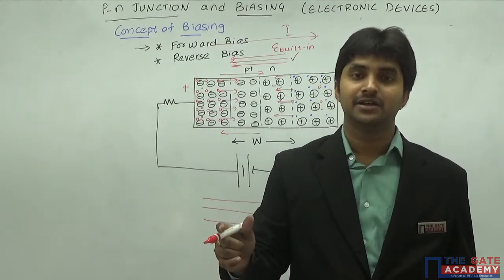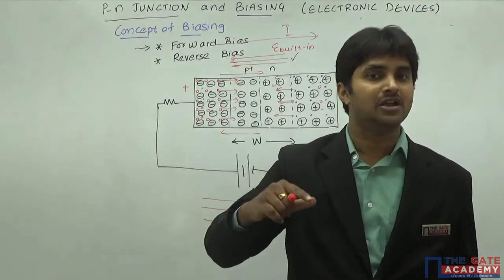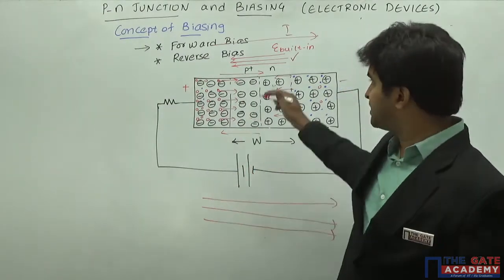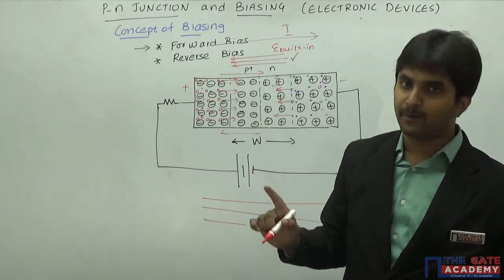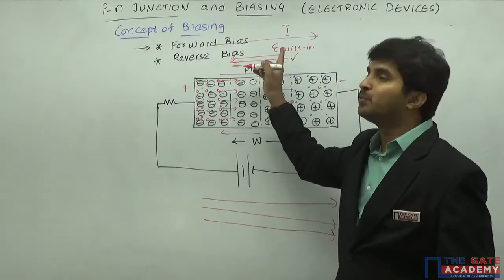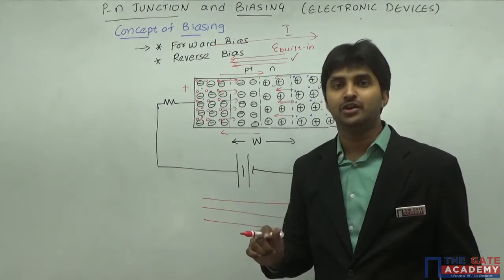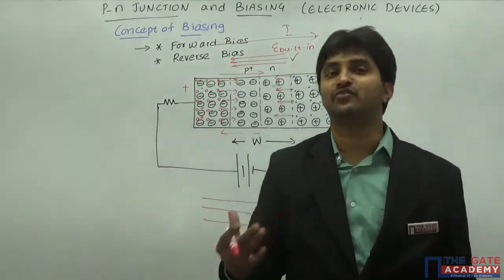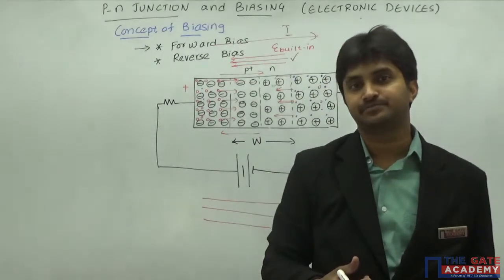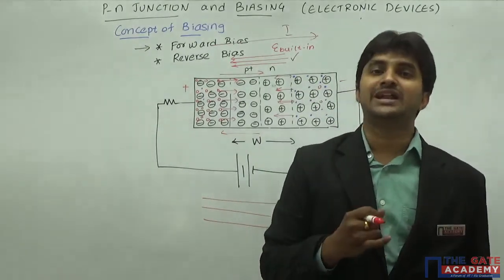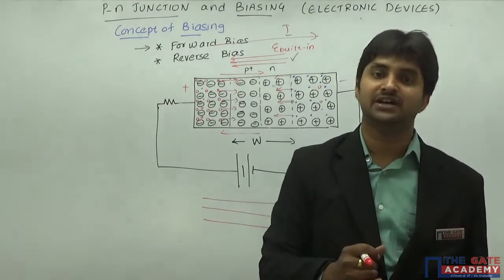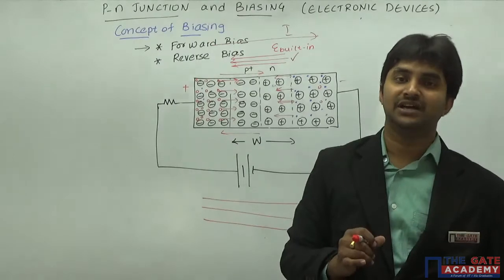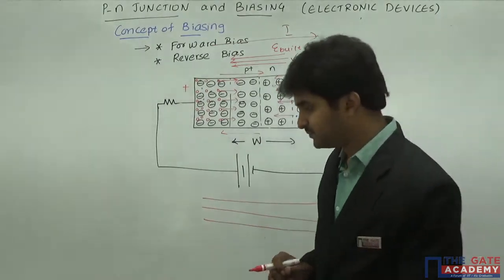But here, the current is going to be diffusion current because the purpose of applying the forward bias is to compensate the built-in electric field, so that when you remove the built-in electric field, automatically because of the process of diffusion, the current is going to happen. Right? So that is why the forward current is what we call a diffusion current.